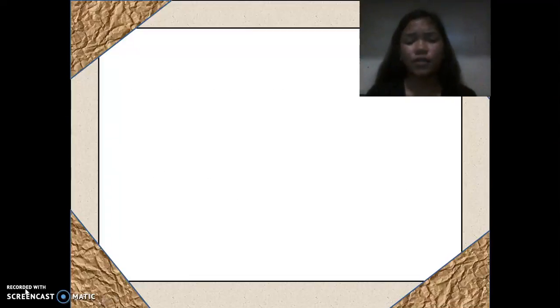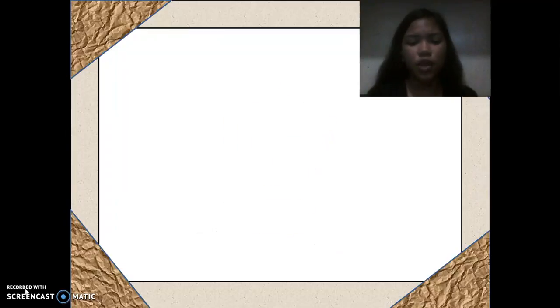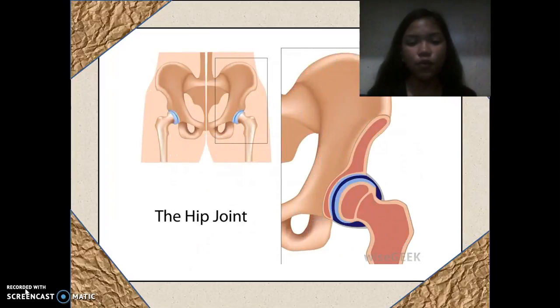The example of this form of articulation is found in the glenohumeral joint of the shoulder, where the rounded head of the humerus rests in the cup-like socket of the shoulder blade. Also found in the hip, where the rounded head of the femur rests in the cup-like socket of the pelvis. That's the example of the ball and socket joint.